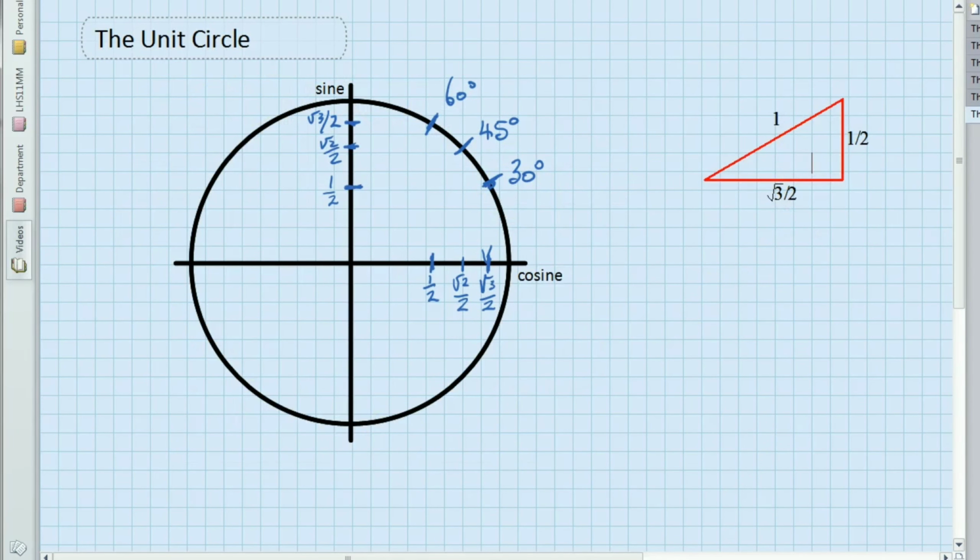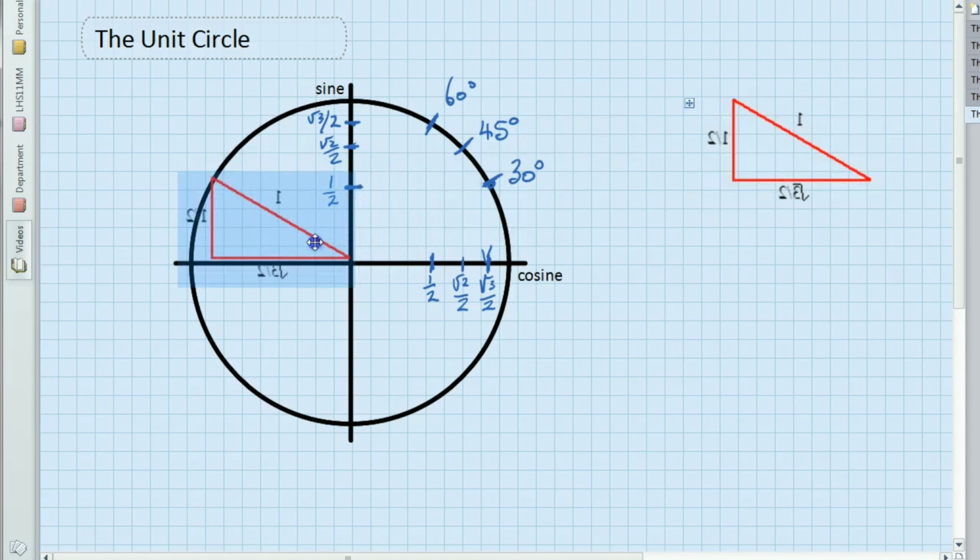First thing I'm going to do now is I'm going to flip this particular triangle. Remember, this is our 30-degree angle in here, so this length here is a half, and this length here is root 3 on 2. I'm going to fit this now into our unit circle like so.